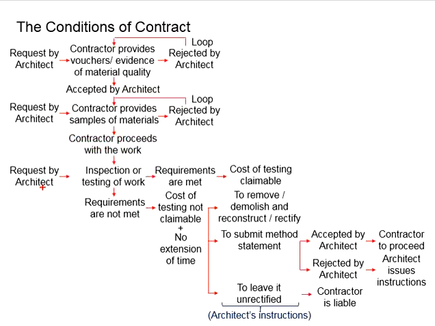And during the work, the architect has the right to request for the inspections or testing of the works, whether it meets the requirements. This normally happens when the architect possesses some doubt over the work done by the contractor.